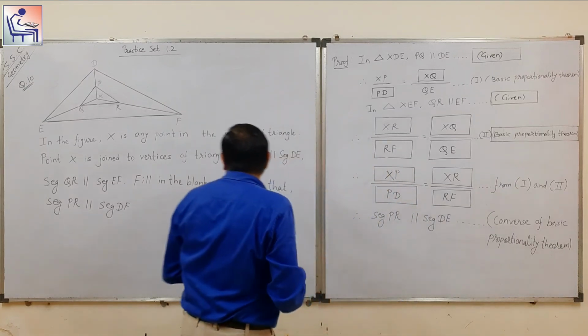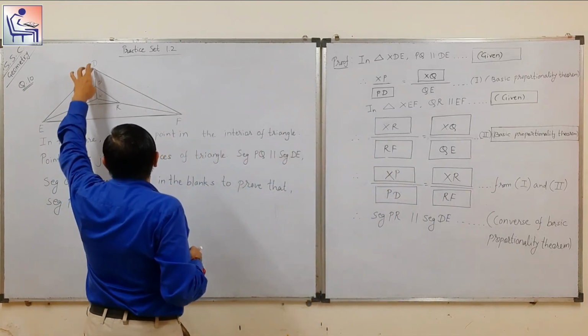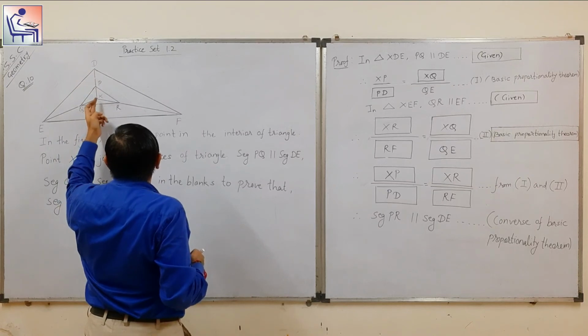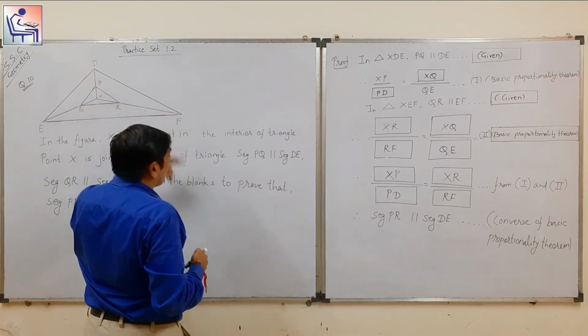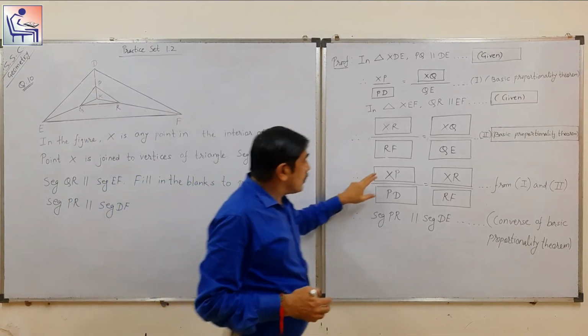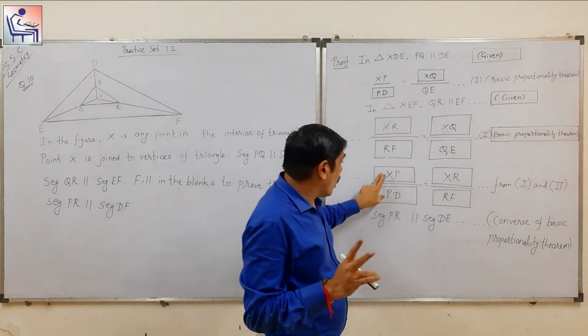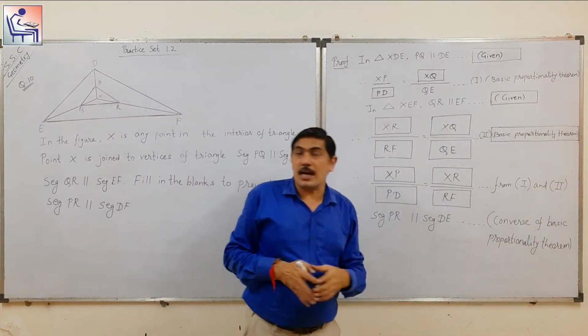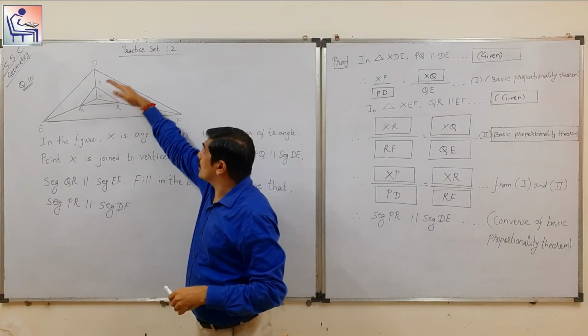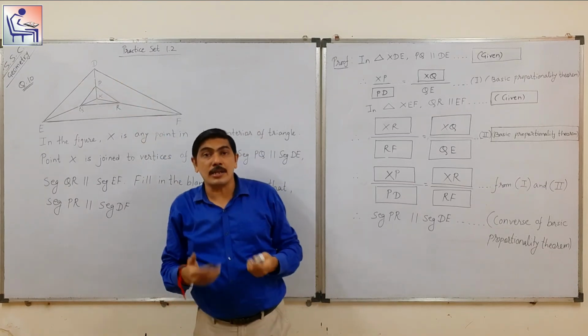And if these two ratios are equal, then we can say that segment PR is parallel to segment DF.